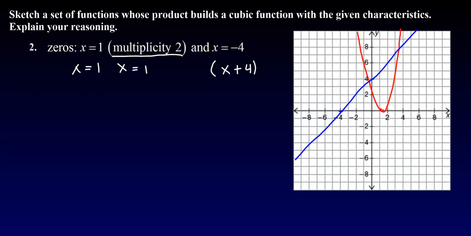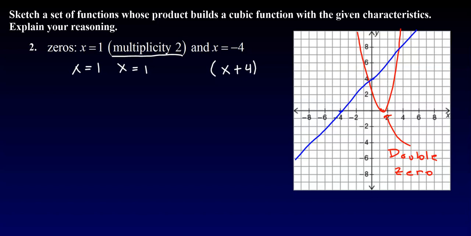And then because my graph comes down, touches at 1, and goes back up, that counts as a double zero. There are things such as triple zeros. When your multiplicity is 2 or more, you can have multiple zeros at that same point.